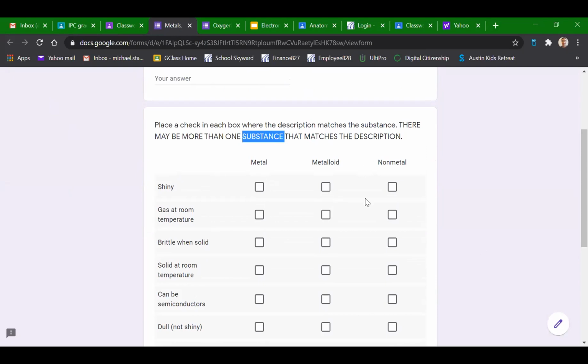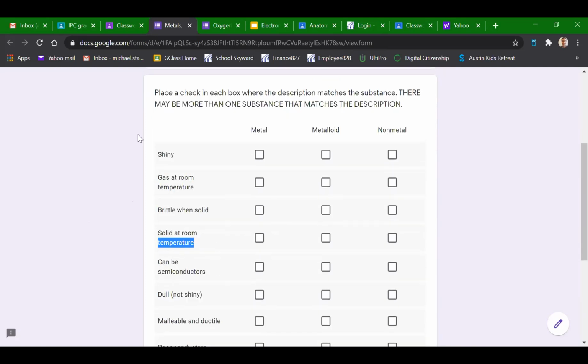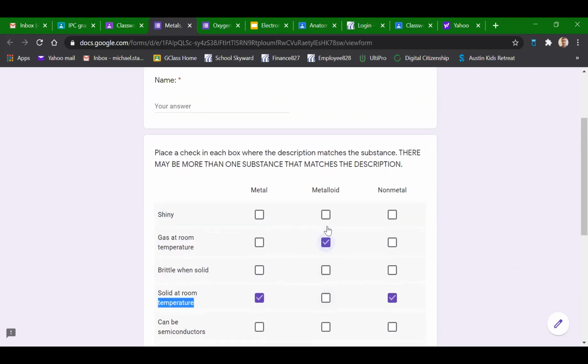So maybe more than one of these is normally shiny. Maybe more than one of these are solids at room temperature, right? So if you think that it's 2 of them, you can put checkboxes in 2 of the categories. Otherwise, if you think that this just describes one type of substance, then you just put the checkbox in the category that fits that substance.